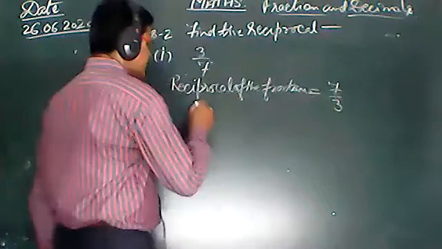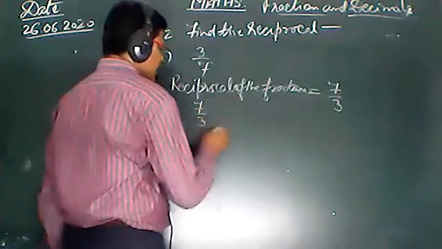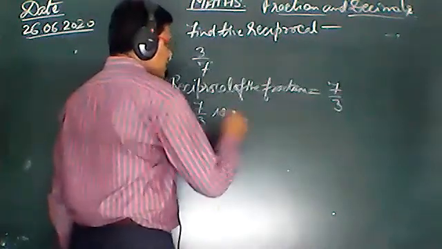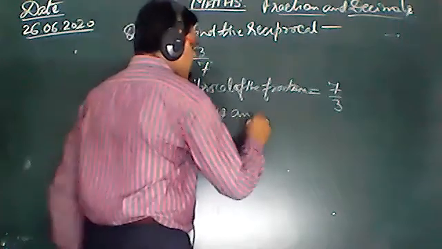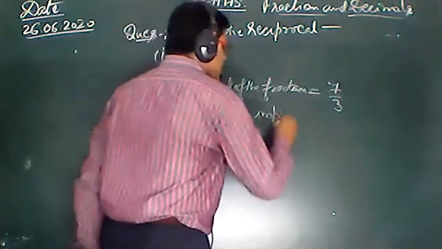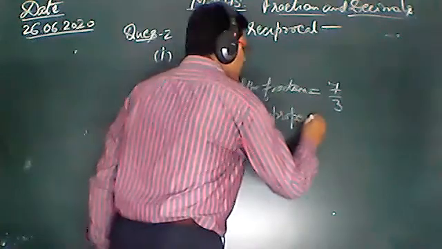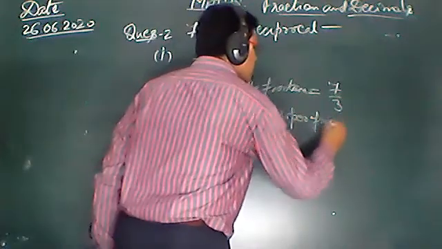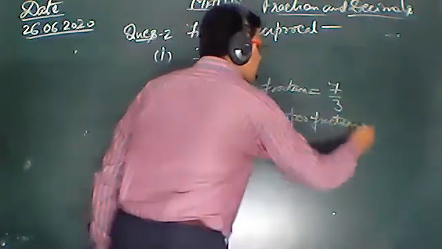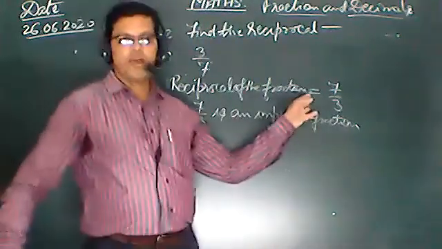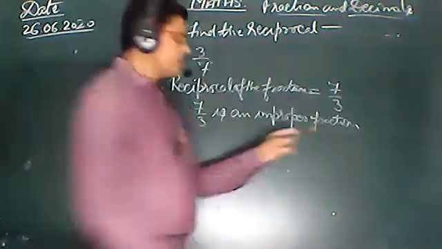Then you write the other answer, 7 by 3 is an improper fraction. Okay? Only 2 parts we find in this question. That is our answer.